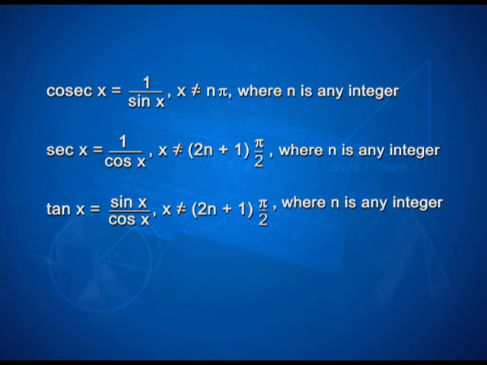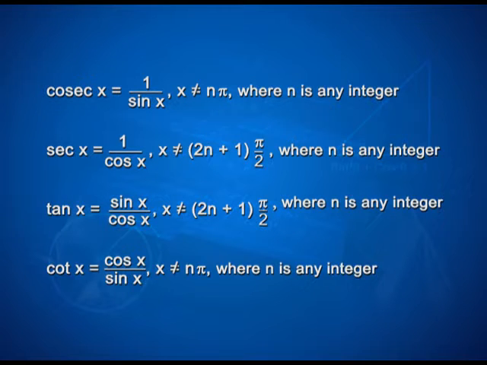Tan x is equal to sin x upon cos x, x not equal to (2n plus 1) into pi by 2, where n is any integer. Cot x is equal to cos x upon sin x, x not equal to n pi, where n is any integer.